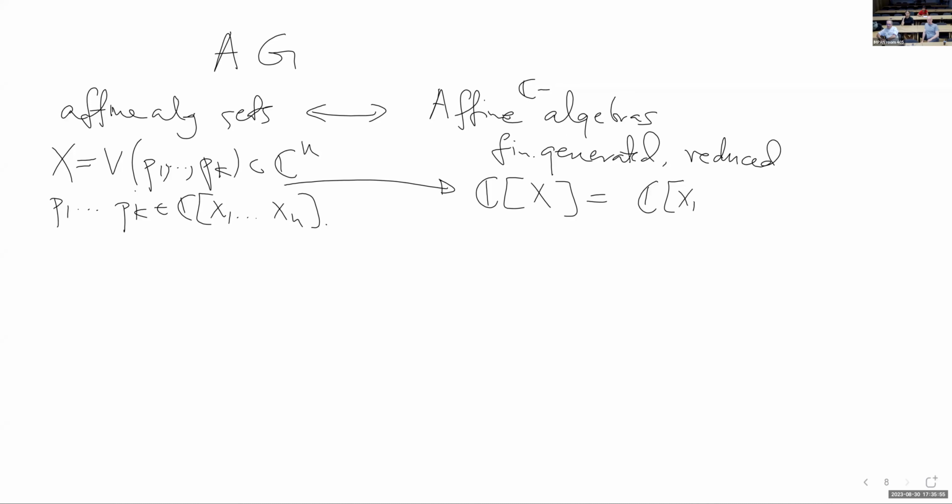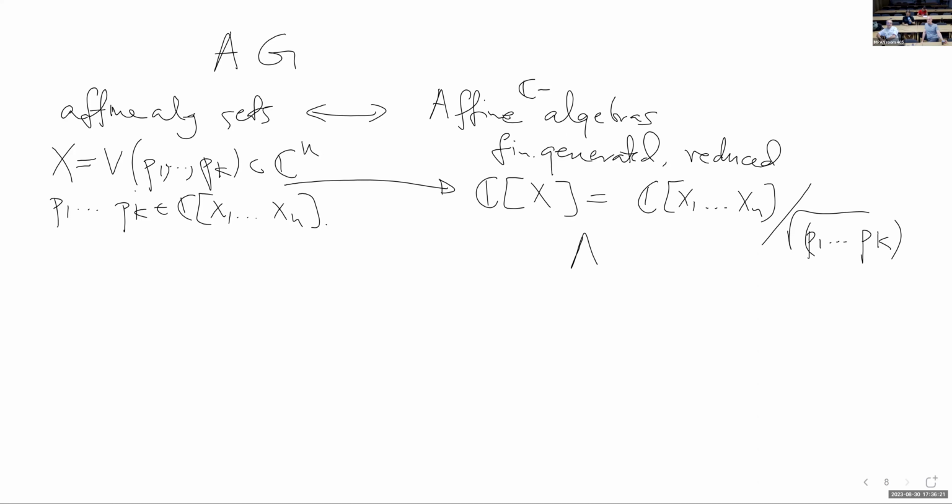It's just the polynomial ring quotiented by this ideal, except that it cannot have nilpotent elements, because rings of C-valued functions have no nilpotent elements. So we take the nilradical of it.